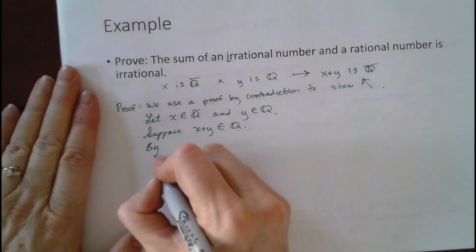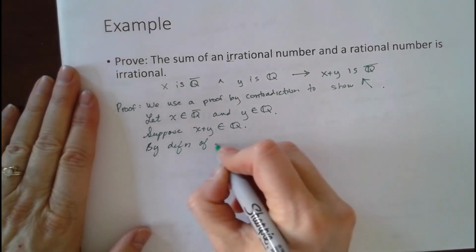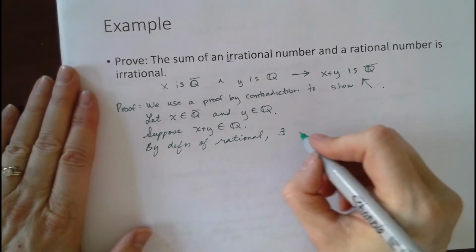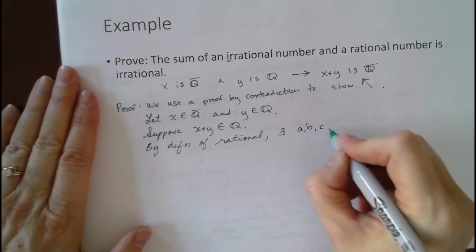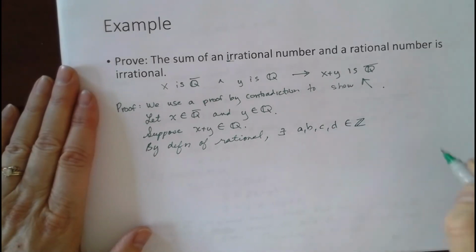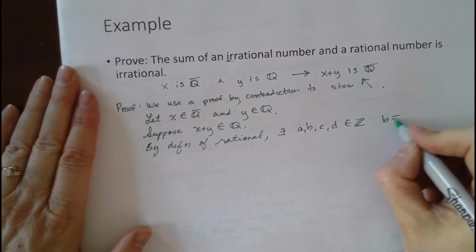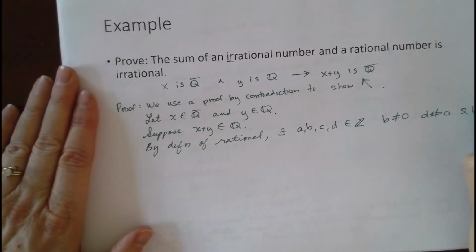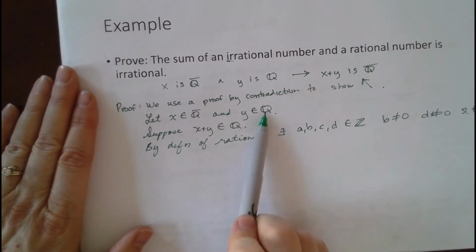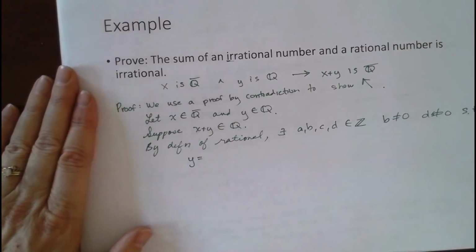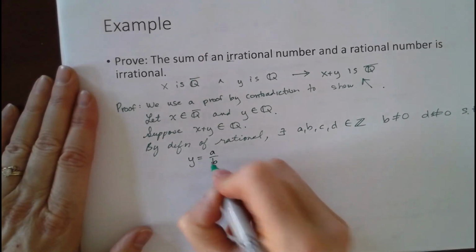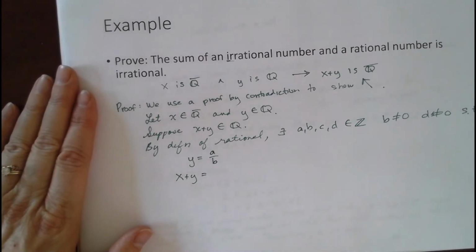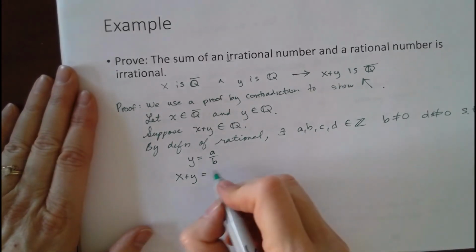So by definition of rational, there exist integers a, b, c, d, where b can't be 0 and d can't be 0, such that y is a rational number, so we'll write y as a over b. And x plus y is a rational number, so we'll write that one as c over d.